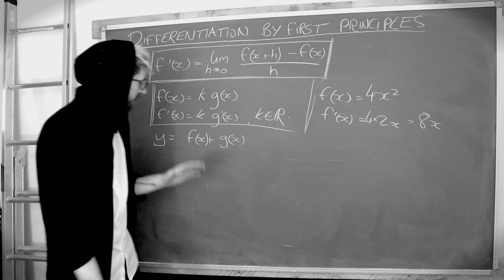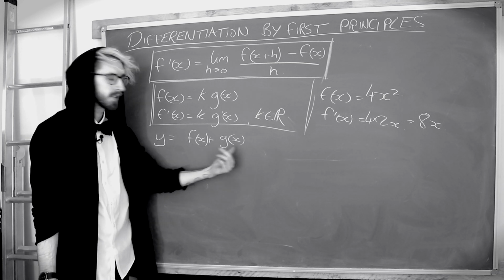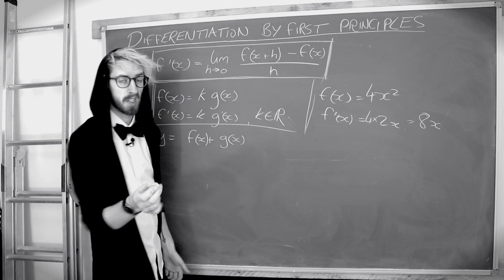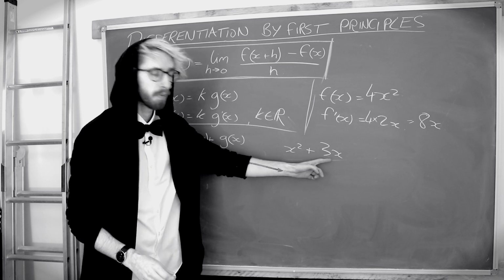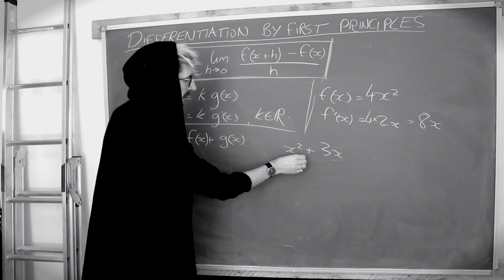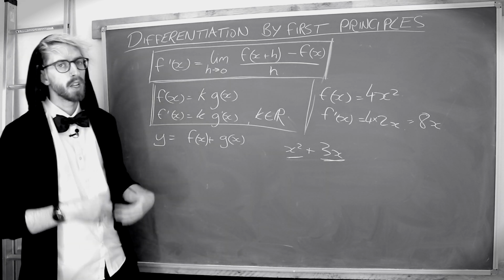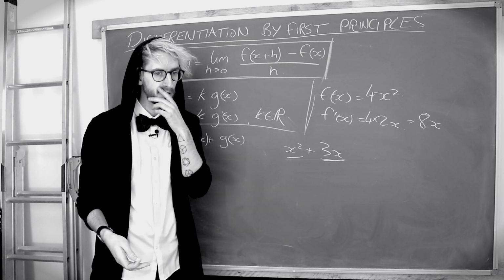Let me write something else. Okay, now we're interested in the situation where y is equal to a function of x plus some other function of x. An example is, quite simply, x squared plus 3x. We could look at that as one function, or we could say that's a function, that's also a function. So you can look at it as the sum of 2 different separate functions.